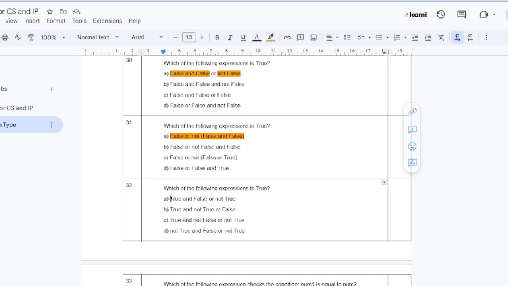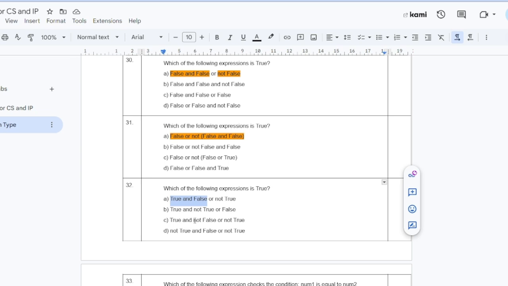True and not true, false or false, false. This is also not correct, because true and false is false.